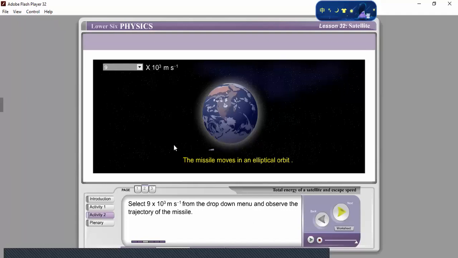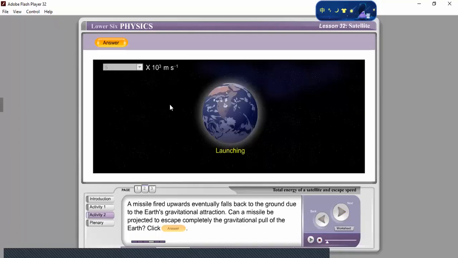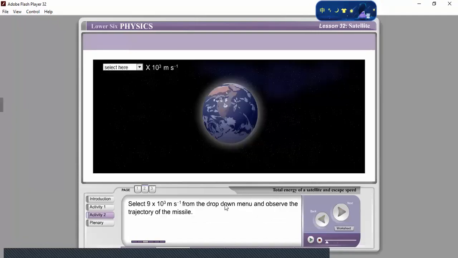So now it moves in an elliptical orbit. A missile fired upwards eventually falls back to the ground due to the Earth's gravitational attraction.